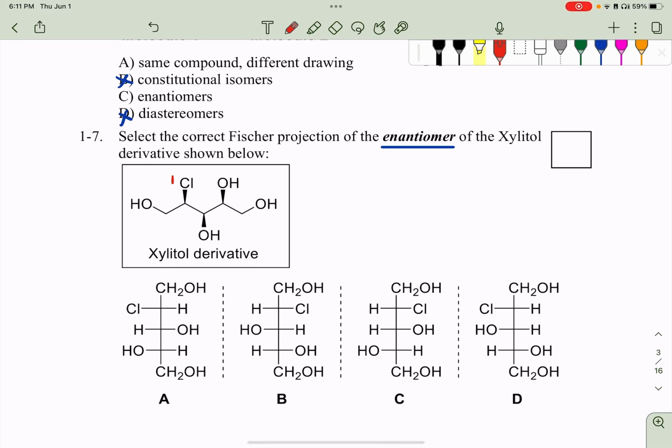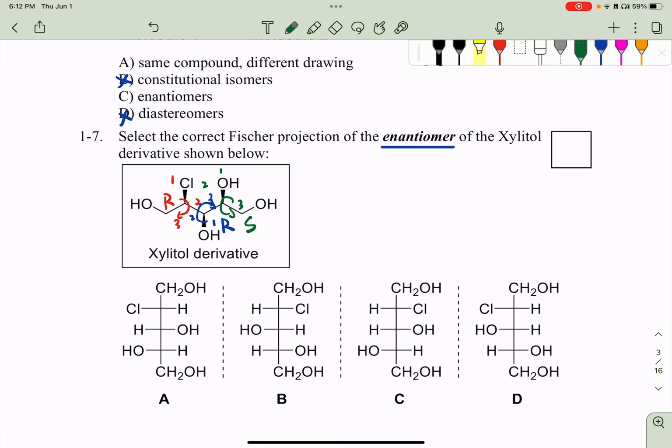Here we have 1, 2, 3 going this direction. This is R. And we have 1, 2, 3, let's go in this direction. This is R. And on this one, we have 1 on CH2, that's 2, 3. So it's going this direction. So it's counterclockwise. This is S.